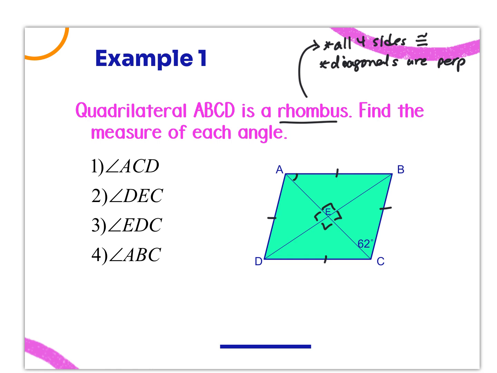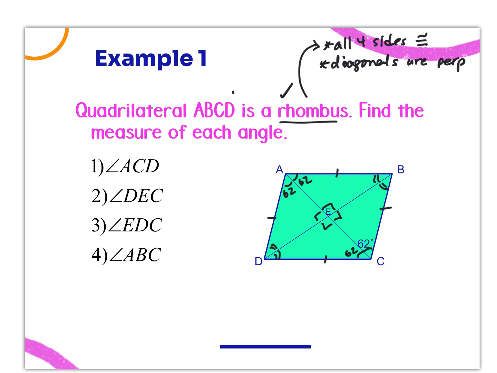So you know that this angle and this angle have to be equal. This one and this one are equal. So for example, if that one's 62, this one's 62, this one is 62, and this one is 62. And the same goes for these. So all these things come from just knowing that the quadrilateral is a rhombus, okay?